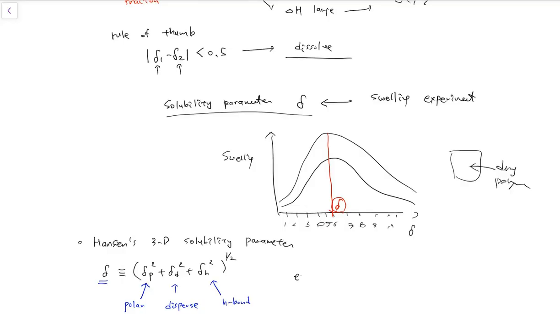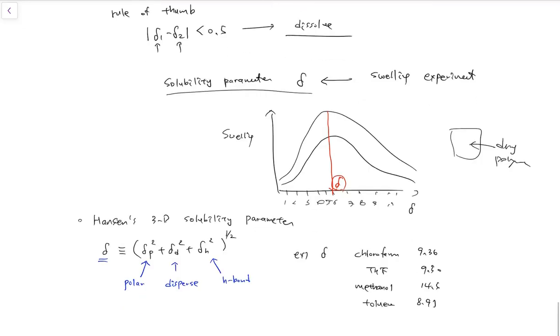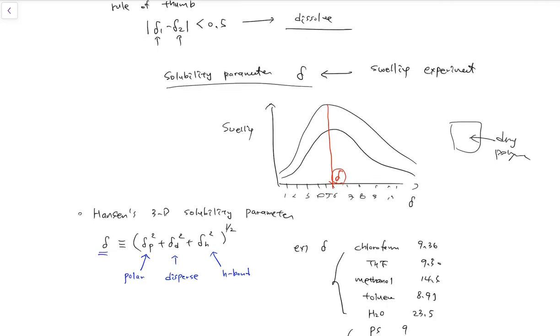For example, the Hansen's solubility parameter delta for chloroform is 9.36, THF 9.5, methanol 14.5, toluene 8.91, water 23.5, and this is for solvent.